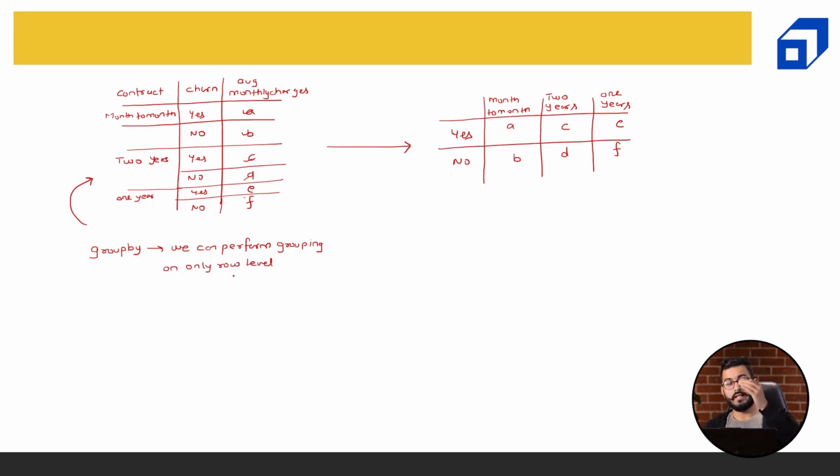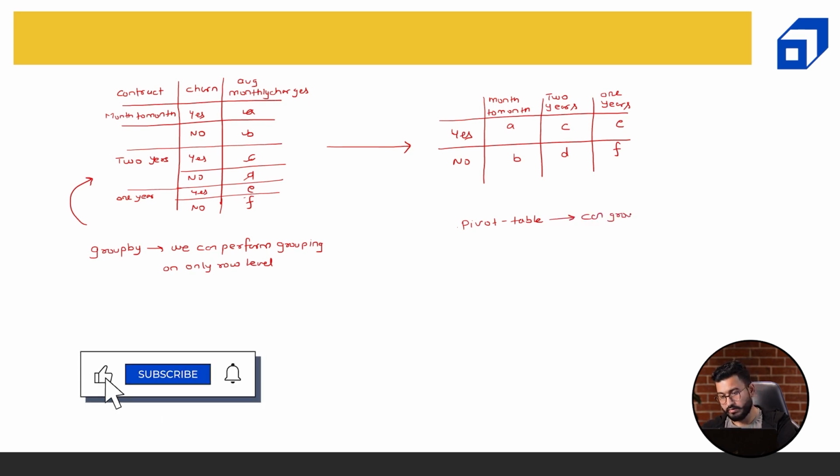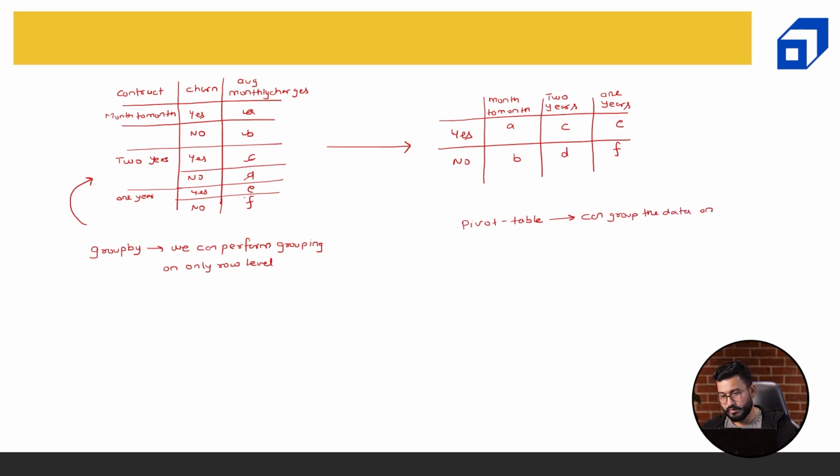So we can only group the data on row level, but using pivot table, we can perform grouping on both rows and columns. So we can group the data on both row and column level.